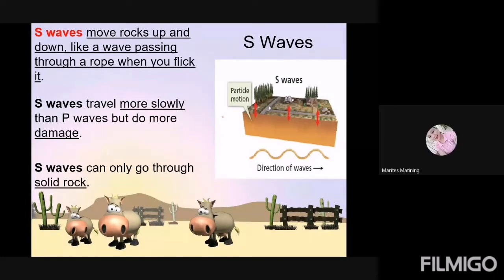Ang gagaling nyo naman pala, S waves. Very good. How about when we say it travels through solid and liquids? P waves. P waves. Okay, it only travels through solid? S waves. Oh, very good. S waves.